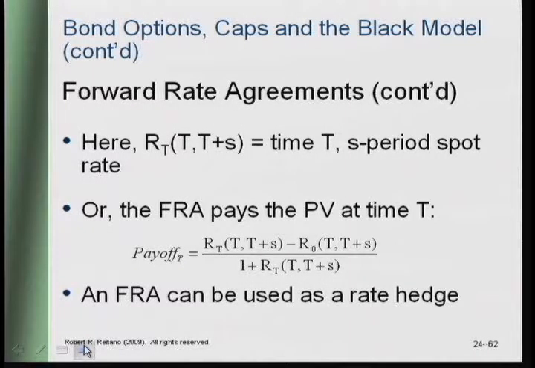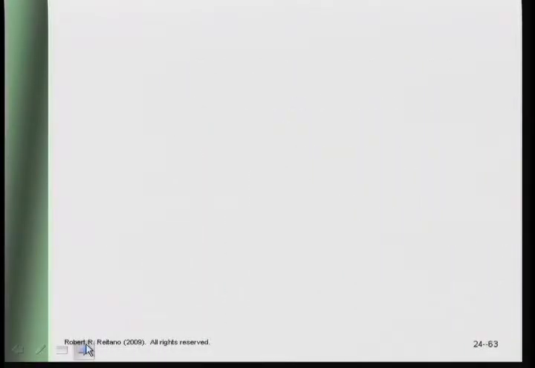Now, an FRA can be used as a rate hedge. Let's see why. Let's imagine that we know that we're going to need to borrow at time T. So here we are at time zero, and we're going to need to do an S period loan at time T in the future.